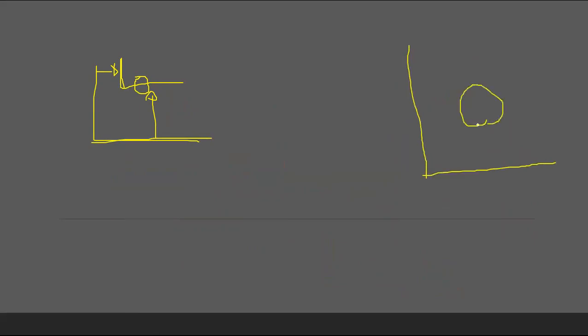So first, let's say these were x and y. You have now moved this x-axis to here and y-axis to here. Let's say you rotate the axis about these two axes, and now this is your new coordinate system.